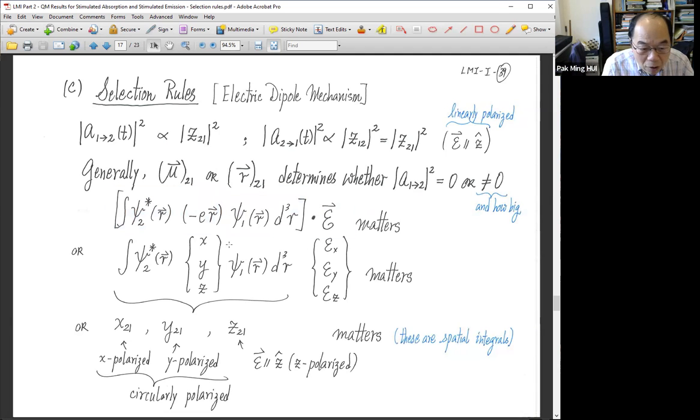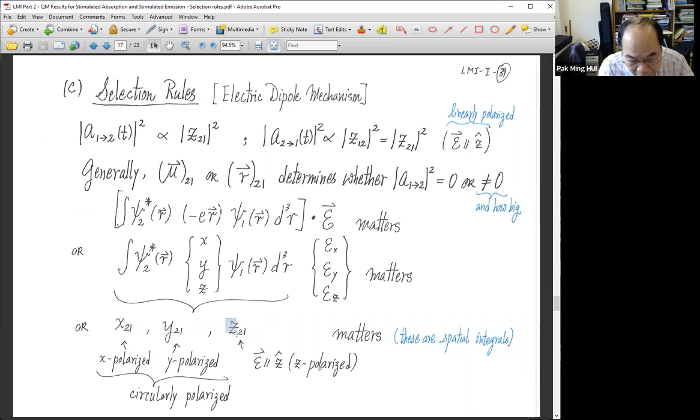So all in all, we need to consider the two atomic states, 1 and 2, and in the middle X, Y, Z, because there are 3 components. These are the important integrals to decide whether something could happen: allowed transition or forbidden transition.